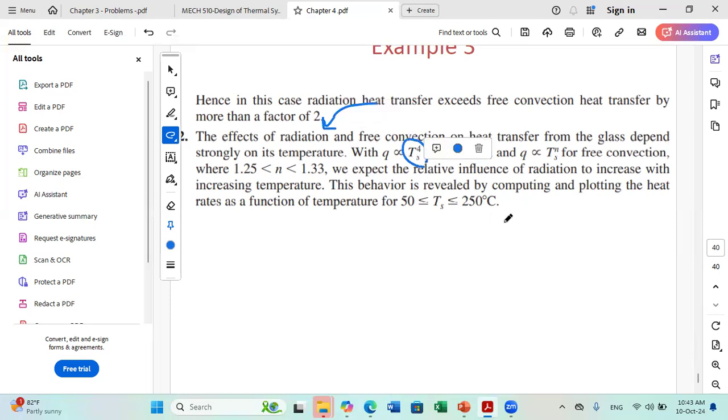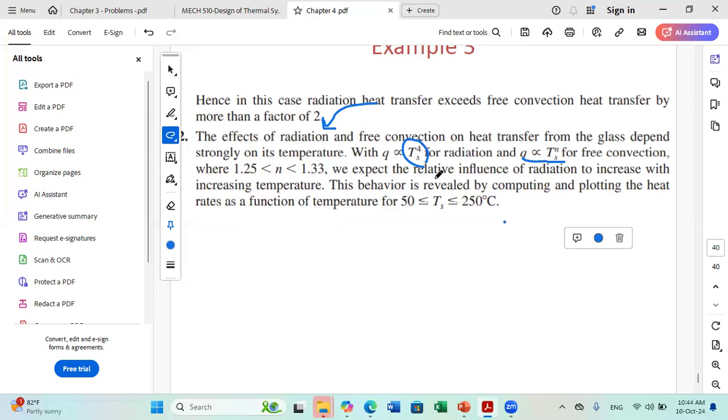Okay. While in the case of convection, an empirical relation will tell us that it's nearly proportional to Ts to the power n, where n is influenced by the effects that we have, because in natural convection you have delta T, but also h depends on temperature.